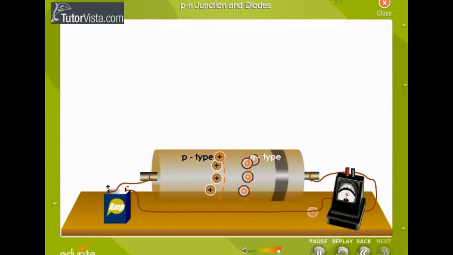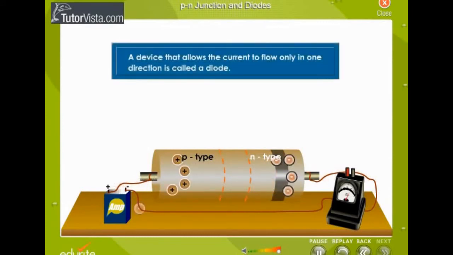Holes travel to the right and electrons to the left, constituting a current in the same direction. Thus, the p-n junction allows current carriers to flow through it if the junction is forward biased. A device that allows the current to flow only in one direction is called a diode. Thus, p-n junction can be described as a diode.